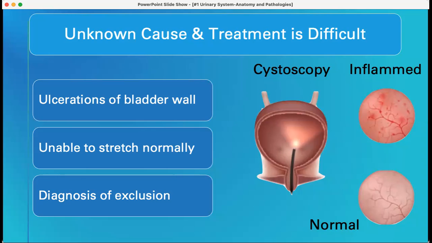If someone comes in with these symptoms, they'll be put on antibiotics to try to hopefully treat a bacterial infection. But even still, if it doesn't treat it, the diagnosis may be that it is interstitial cystitis, which is inflammation of this bladder lining. So the bladder can't stretch normally, and it's a feeling of always having to pee.